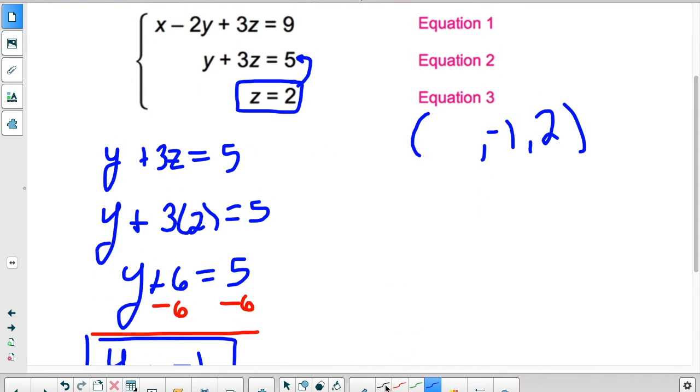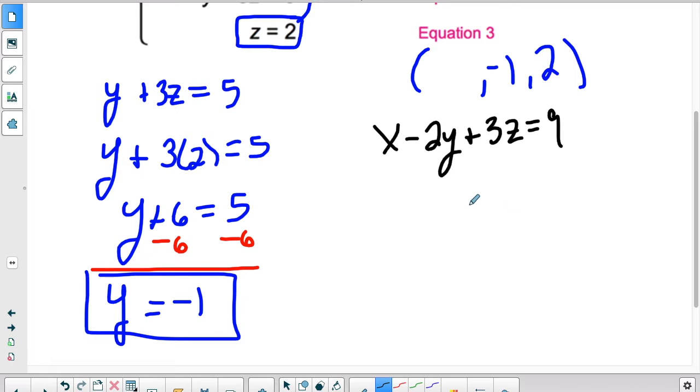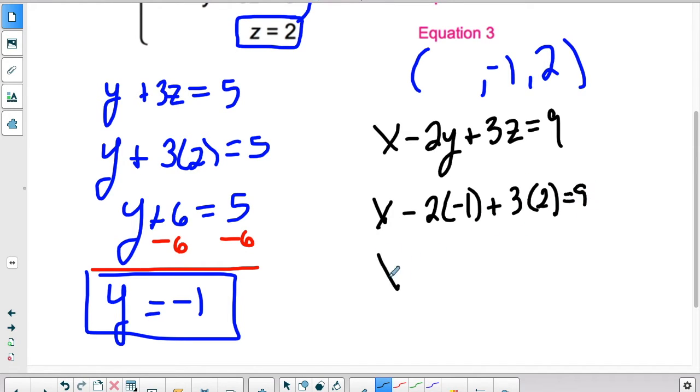And last but not least, to find x, I can take the top equation, x minus 2y plus 3z equals 9. We already know y and z, so we have x minus 2 times negative 1 plus 3 times 2 is equal to 9. Well, negative 2 times negative 1 is plus 2, 3 times 2 is 6, equals 9. 2 plus 6 is 8.